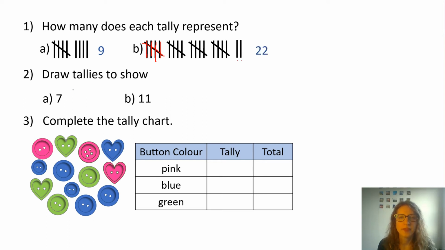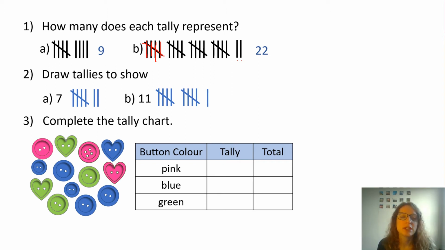Okay, next one, we need to show 7 as a tally, so we need 4, 5 going across, 6, 7, and then for 11 we've got 1, 2, 3, 4, 5 going across, 6, 7, 8, 9, 10 going across, and one more. So well done if you've got all those 4.